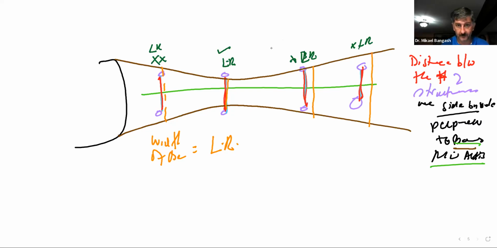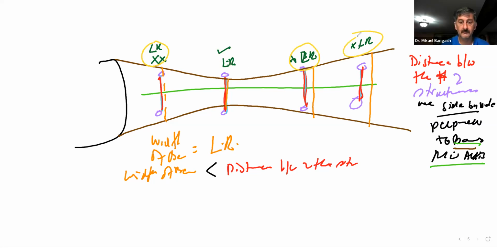So we can say if this width of the beam is greater than the distance between the two structures, which we have at this point here, this point here, and this point here, these were all going to give us a bad lateral resolution.